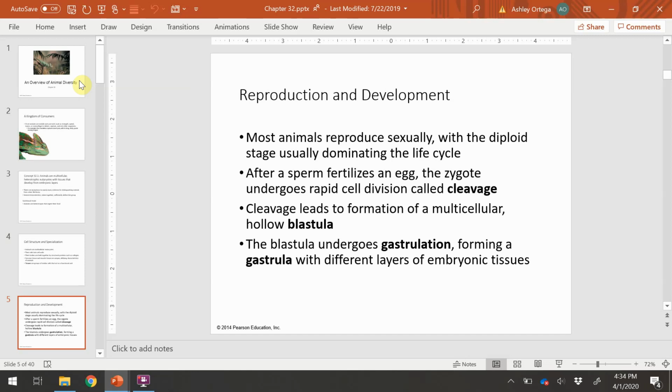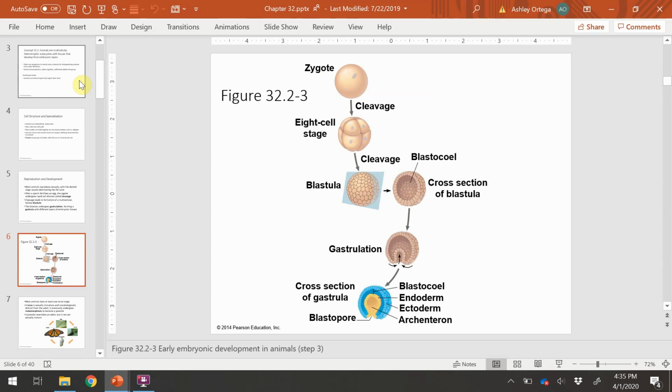And so that cleavage will lead to a formation of a large hollow ball of cells called the blastula. And so after that, then it forms a secondary layer of cells, and that will be a process called gastrulation, with the formation of the gastrula. And so I believe this next slide here has a nice image.